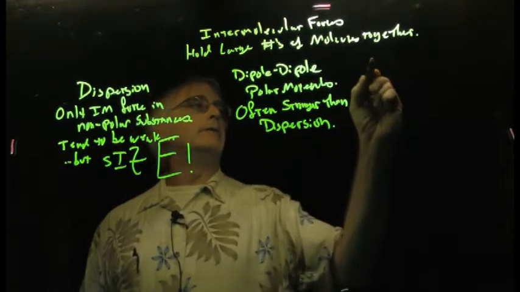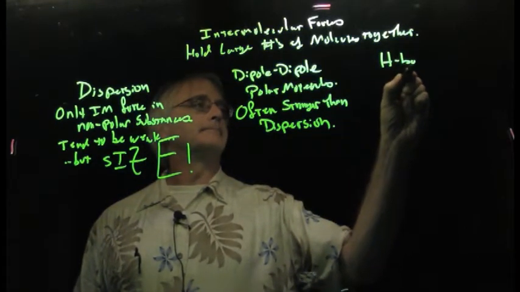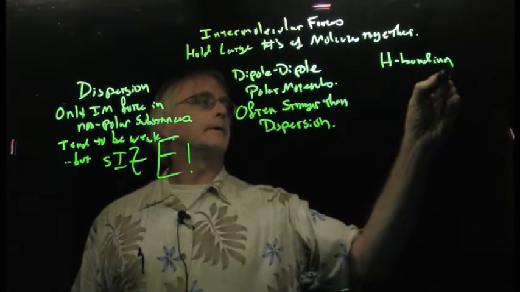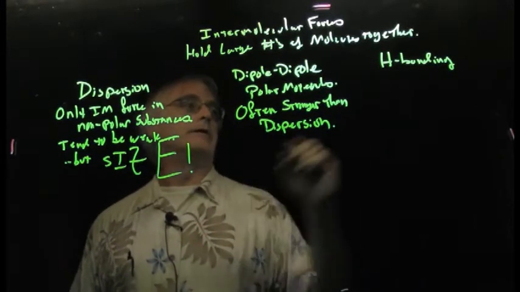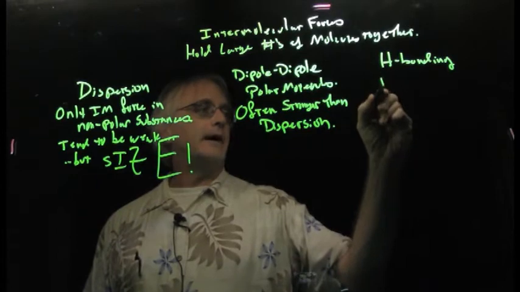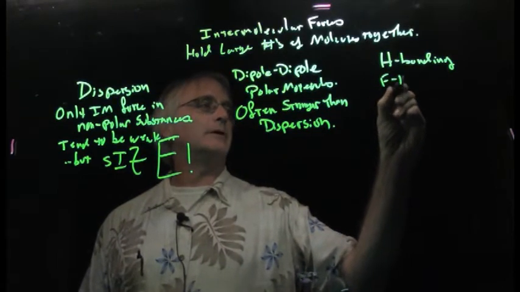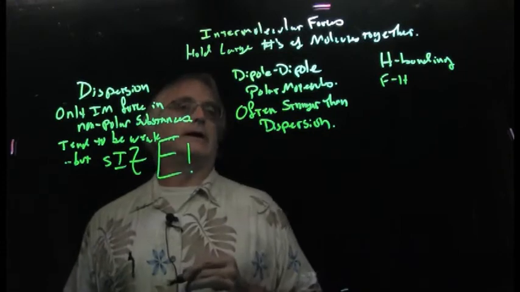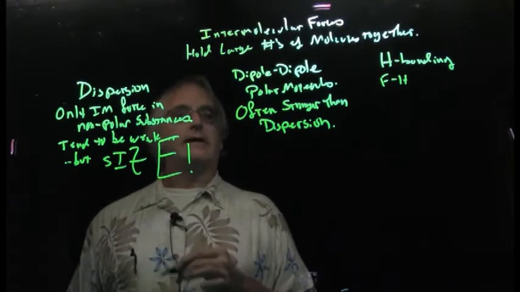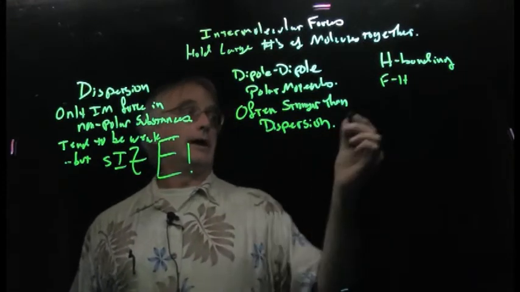And then, of course, the big one, hydrogen bonding. The strongest of the intermolecular forces, the rarest of the intermolecular forces, confined to only three kinds of molecules, those that have very highly electronegative atoms that are very small, attached to an even smaller hydrogen atom.